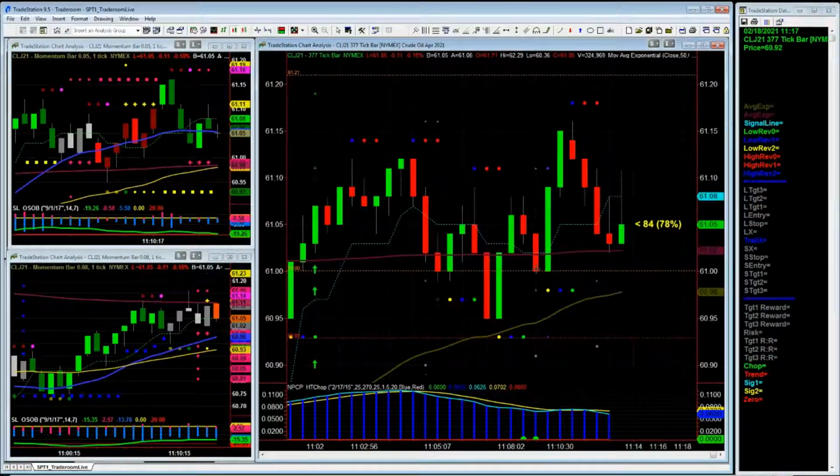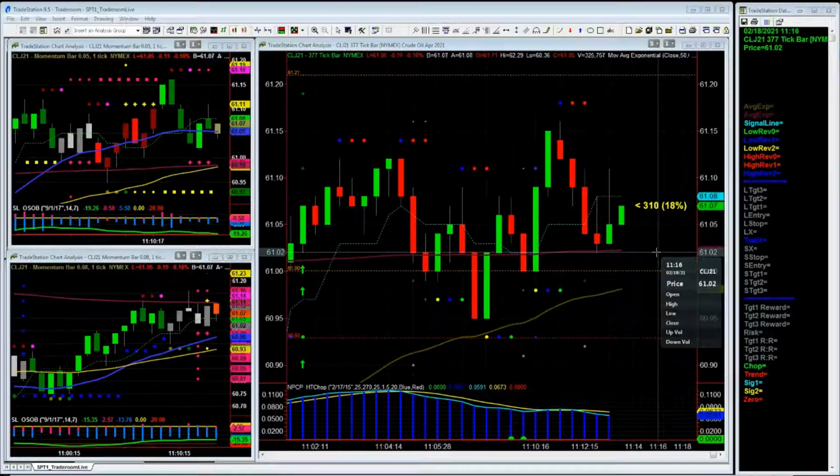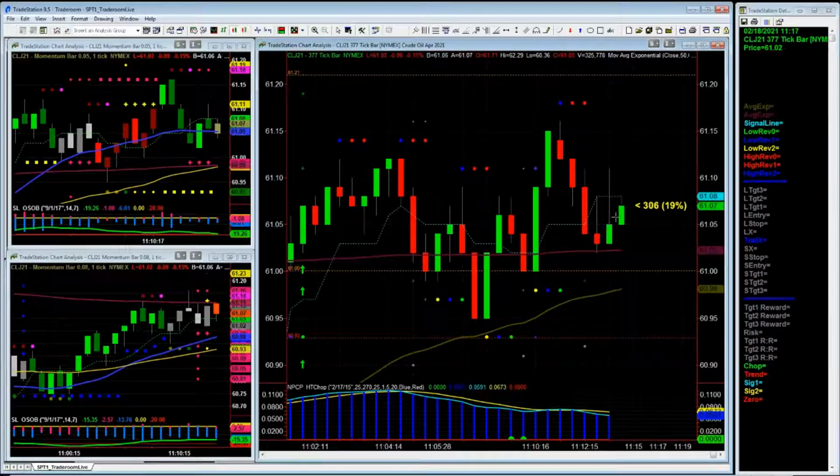This orange line here was the high level of the initial reaction of the report, and notice it's provided some support for the price action. The price action hasn't really been able to get below it except for the one bar. And that 200 moving average has been a pretty strong level at $61 a barrel. So the battle is taking place right here. This is like trench warfare going on.